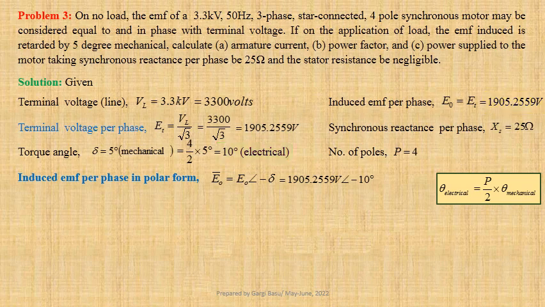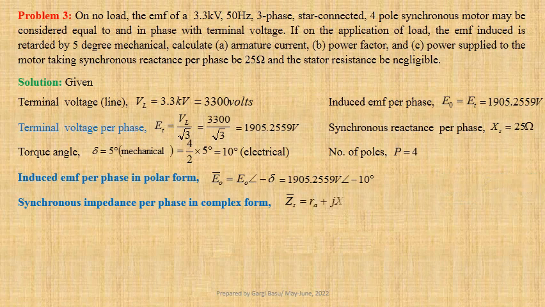Now we shall write down synchronous impedance per phase in complex form. Zs equals Ra plus jXs. Since the stator resistance is negligible, Zs equals 0 plus j25 ohm. This may be written in polar form as 25 ohm at an angle 90 degree.